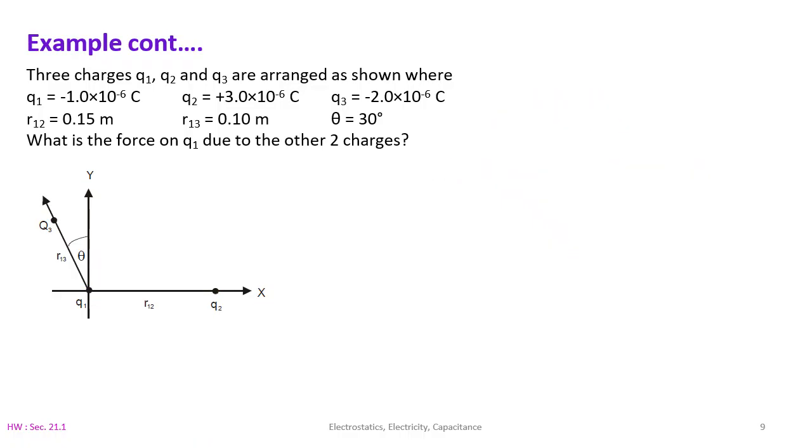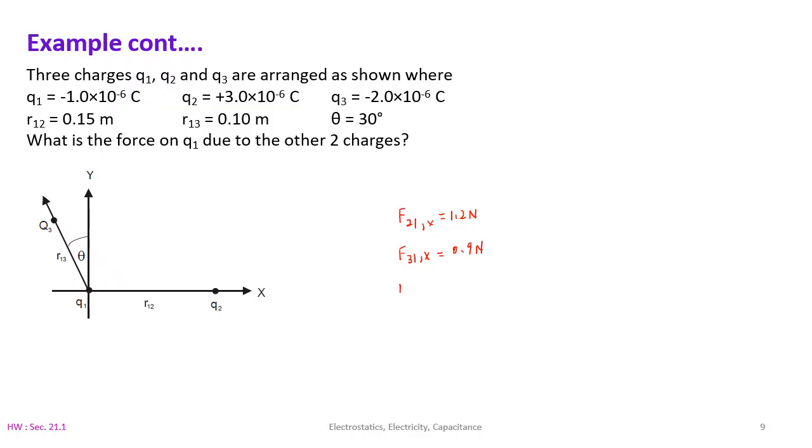Well, hopefully you will get the force due to charge 2 on charge 1 in the X direction is going to be 1.2 newtons. The force due to charge 3 on charge 1 in the X direction is going to be 0.9 newtons.